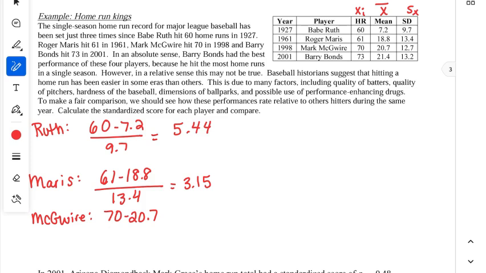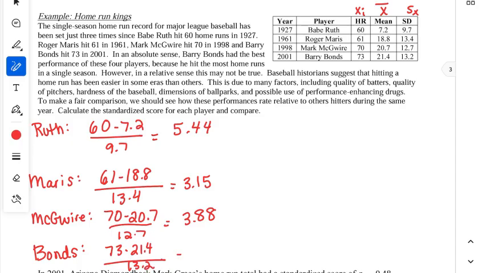McGwire. 70 minus 20.7 over 12.7. 3.88. So far, Babe Ruth has been way higher. Barry Bonds. We divide that. 3.91. So Babe Ruth definitely is the home run champ.